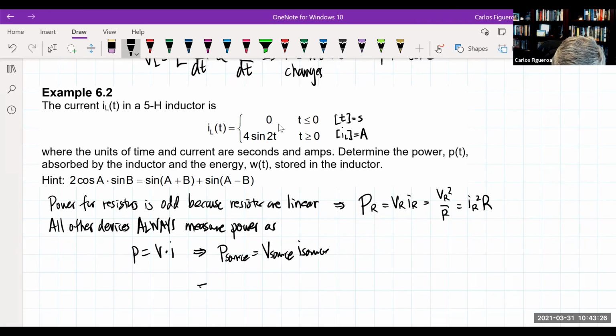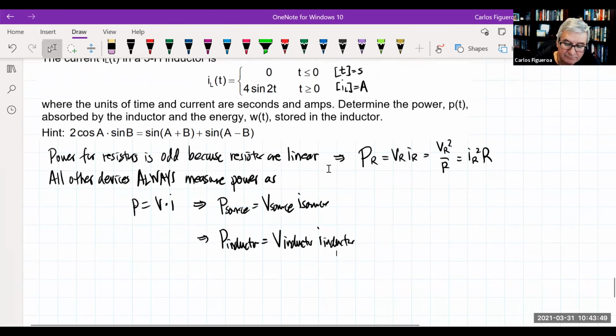If I want to calculate the power of an inductor, it's always the voltage of the inductor times the current of the inductor. And I could say the exact same thing for the capacitor. So that's the way we typically calculate power.